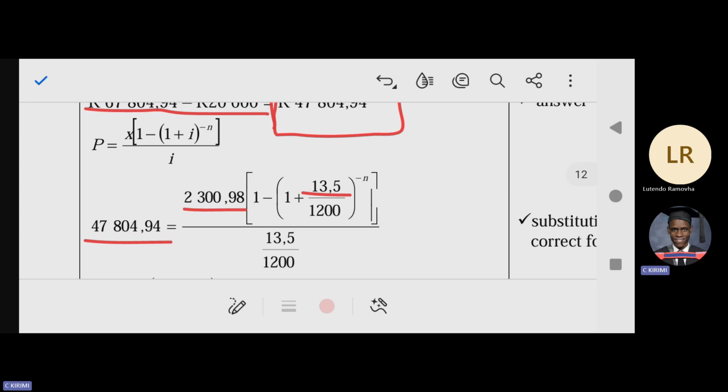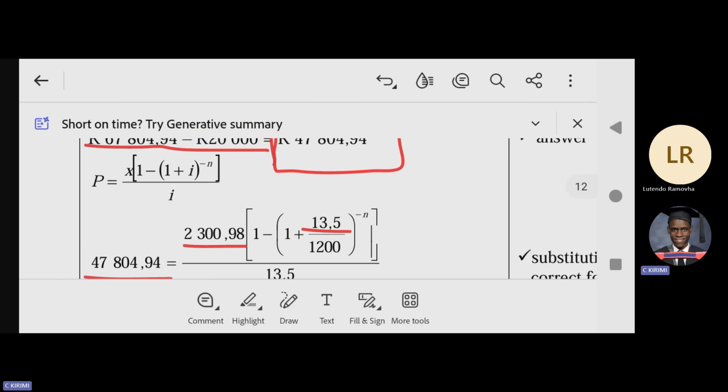Don't solve the answers, just leave it as an expression. Move everything so that you tell me what your N is going to be.